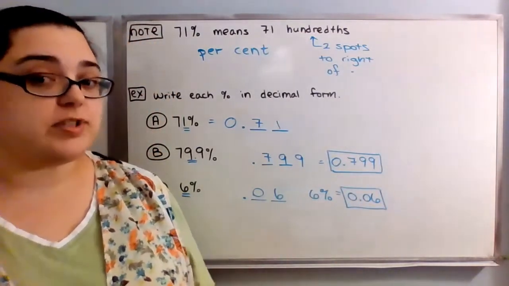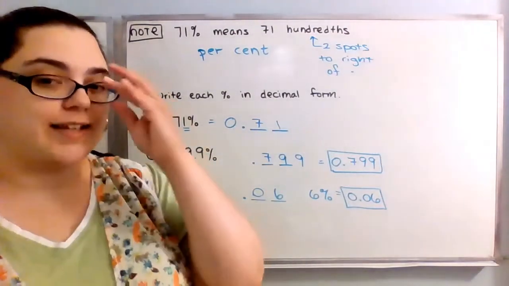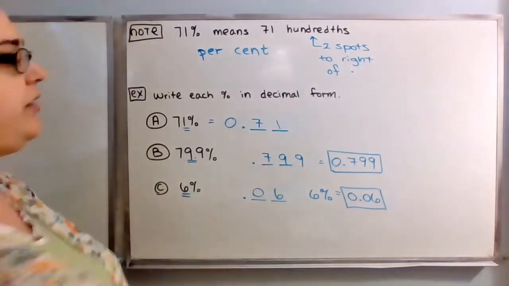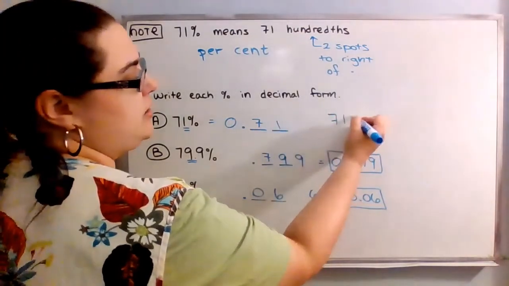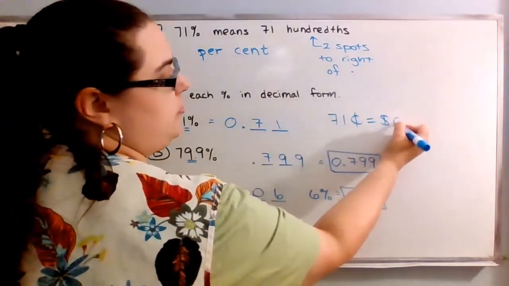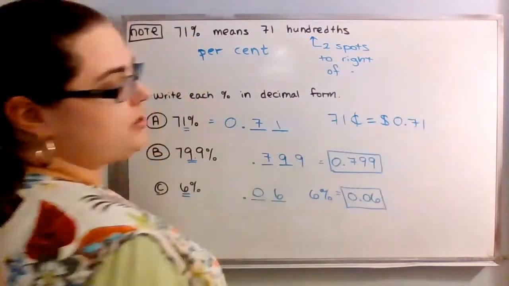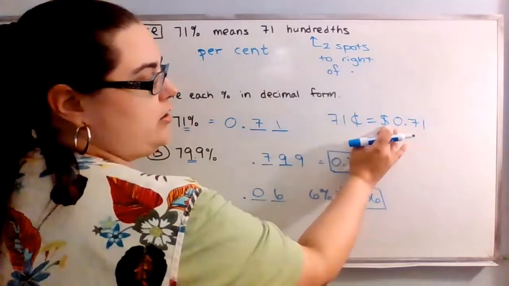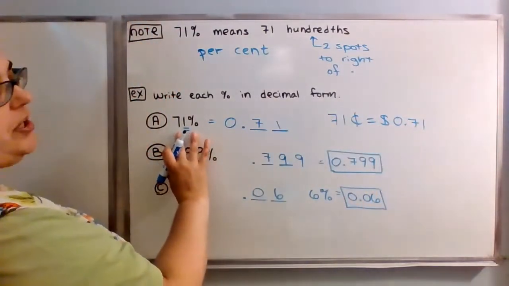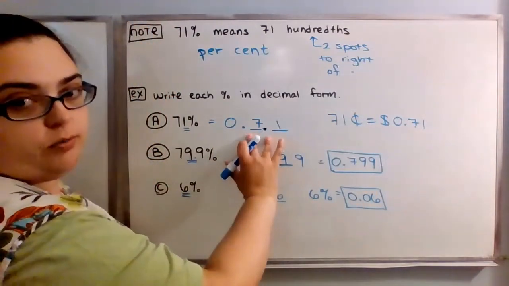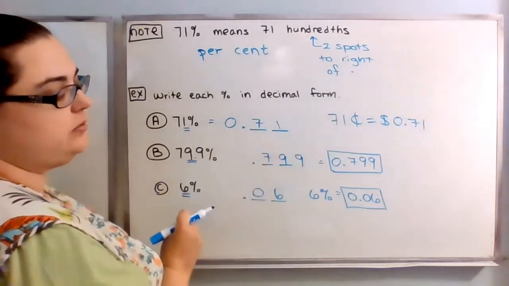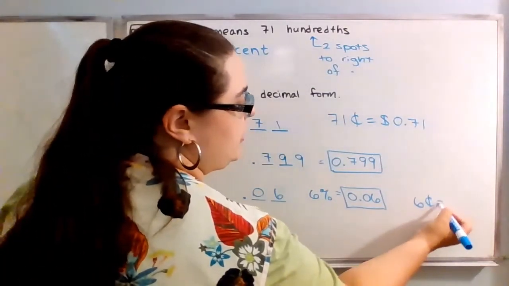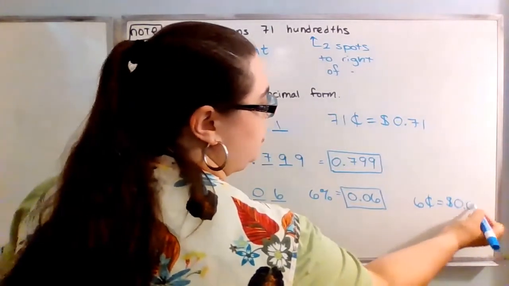Now, if you're comfortable dealing with money, you can also use cents to help you see the connection here. For example, if I have 71 cents, that's the same as $0.71, right? So 71% is the same as 0.71 without the percent sign. Or if I have 6 cents, that's the same as writing it as $0.06.